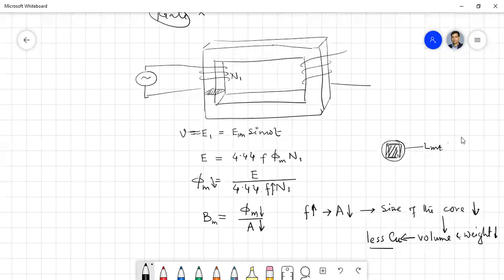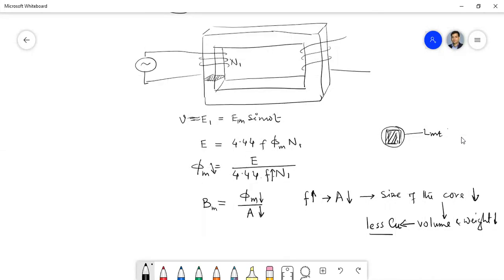So both the things get reduced in size and reduced in cost, because you have to use less iron as well as less copper, and the weight and volume also will be less. Sometimes the weight of the device does matter. So both ways we are getting the advantage if we go for higher frequencies.